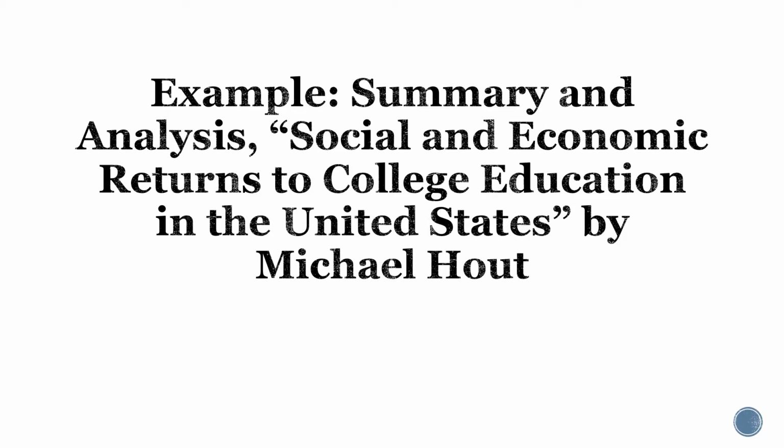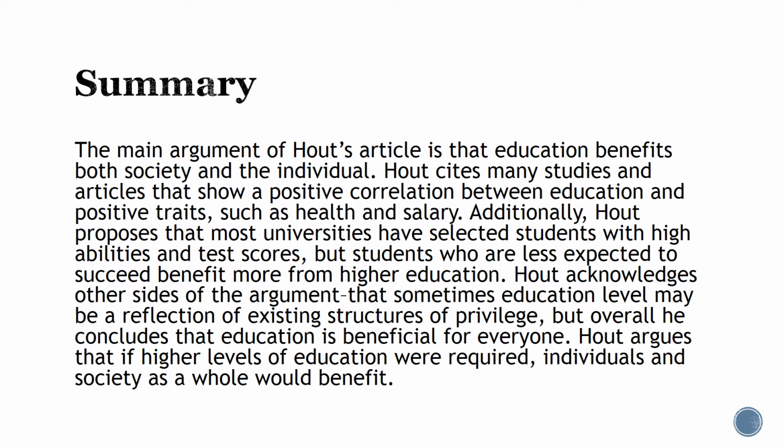In the following slides, I'm going to provide a model for summary and analysis based off of an article titled Social and Economic Returns to College Education in the United States by Michael Hout. On this slide is an example of summary. Notice that I pointed out the main argument of Hout's article.